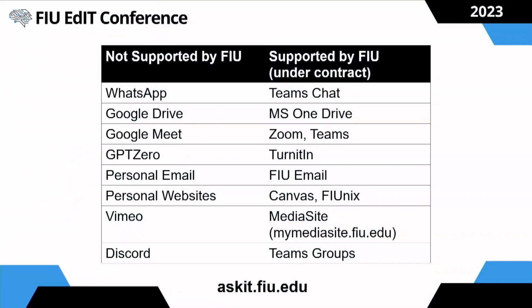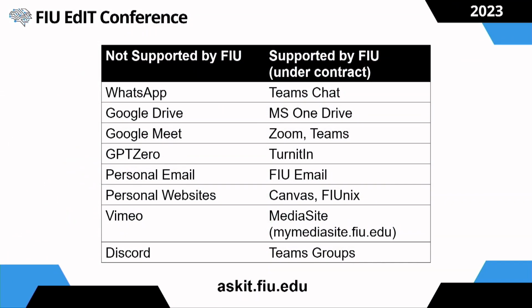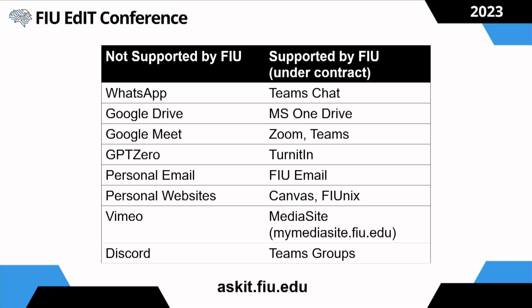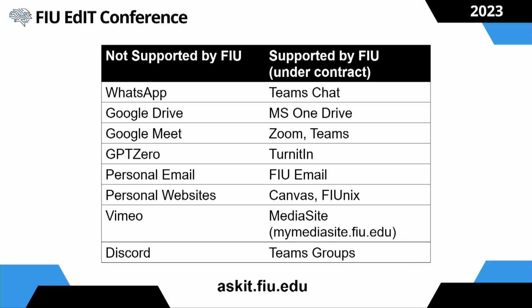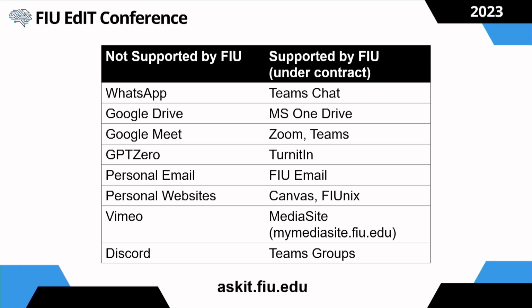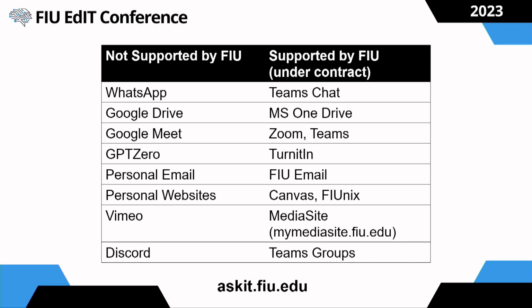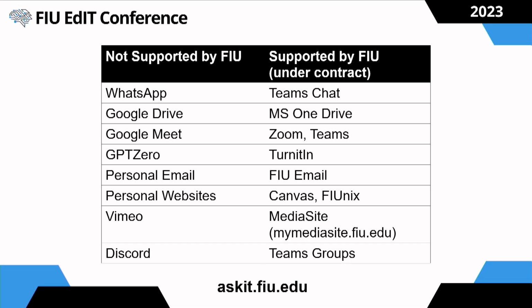Next slide, please. I'm going to show some quick examples. WhatsApp, pretty popular. Everyone uses it, but it's not contracted with FIU. We don't know what's happening with that data, right? We know it's a well-known company, of course. Google, unfortunately, we're not contracted with them anymore, for a bunch of reasons.